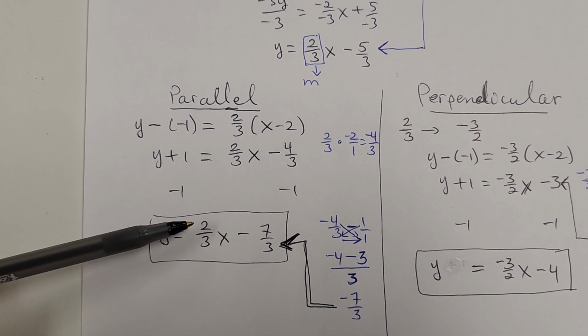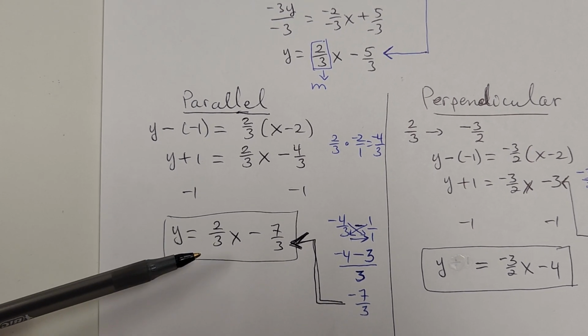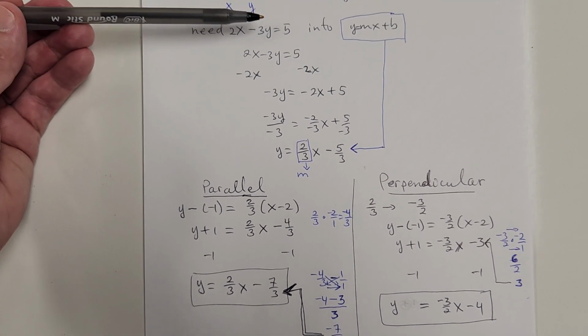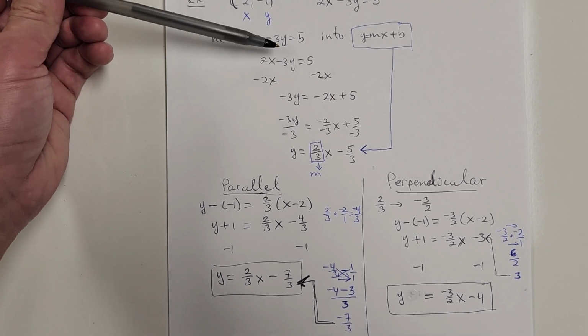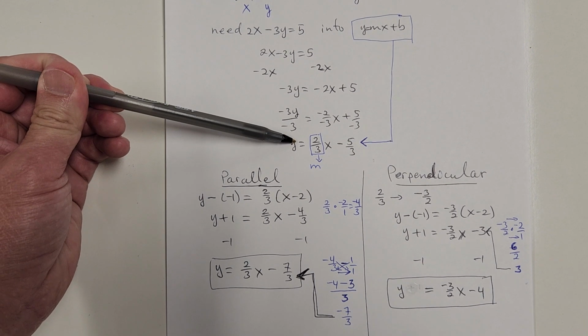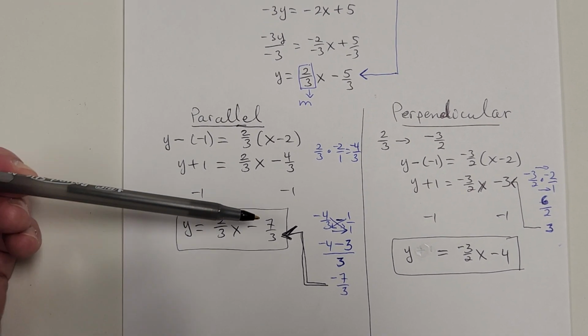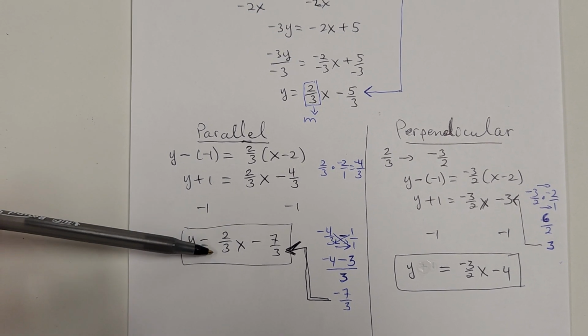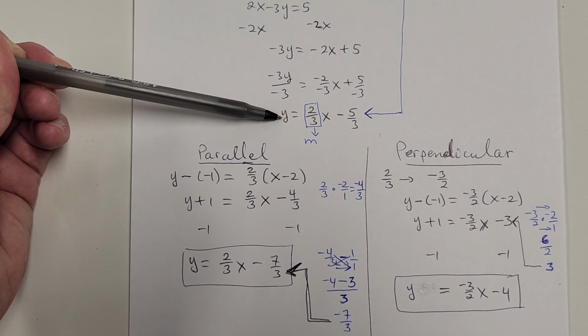This equation is the final answer, which is parallel to the given equation up here. It could be this one or it could be this one, same thing. Why is it parallel?